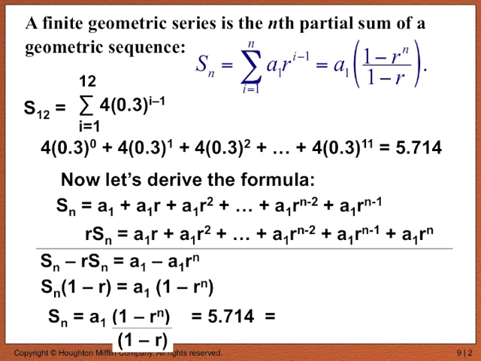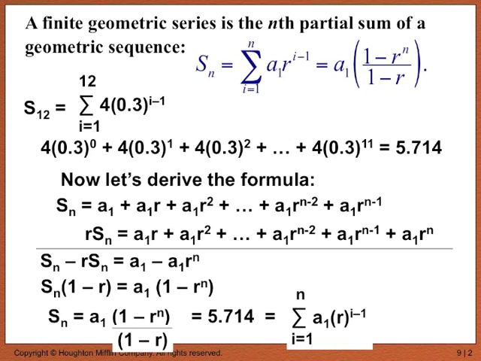And if I plug these numbers in, going back up now to the specific example, the specific geometric sequence 4 times 0.3 to the i minus 1, if I plug these specifics in, a sub 1 would be 4 here, and then r to the n, of course, is the same as 0.3 to the 12, and that's just 12 over 1 minus r. That ends up being 5.714. And as you can see, it's a lot easier to do that than to chug and plug 12 different terms.